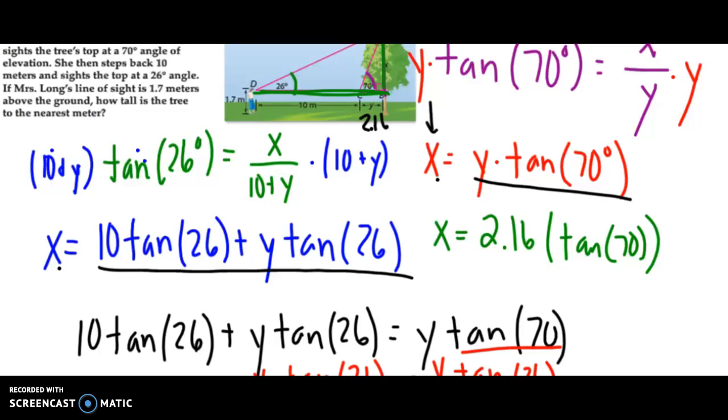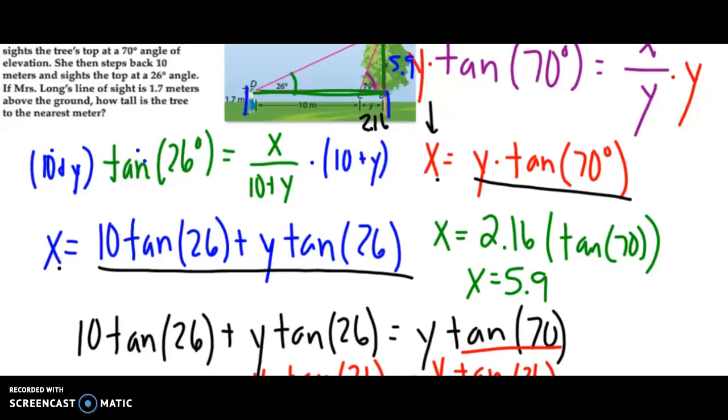And I find x to be 5.9. X is equal to 5.9. So that x right here is 5.9. Now the thing that we didn't take into account is the 1.7 right here.